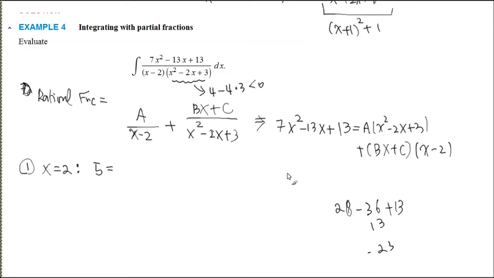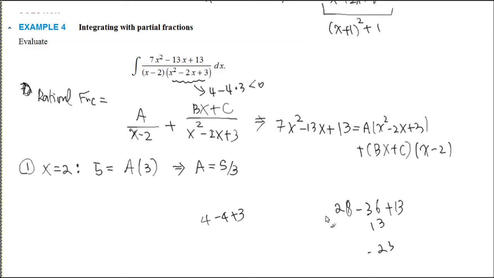The right-hand side, what do you get? It's 2 as in A times 4 minus 4 plus 3, which is 3. And the second term disappears, right? Because x minus 2 is there. So what is A?